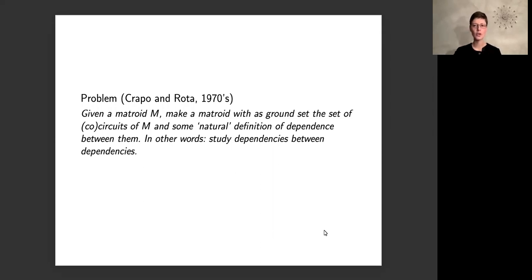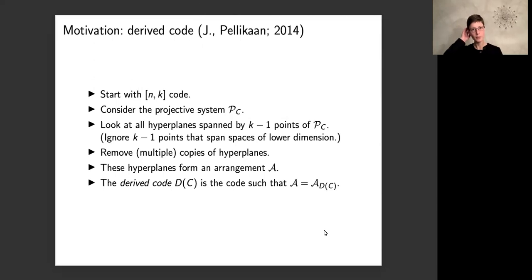Well, where does it show up in coding theory? We were doing the following. We start with a code, and for me, an [n,k] code means a k-dimensional subspace of an n-dimensional space. This thing is generated by a k times n matrix, and this matrix also gives you a Matroid.